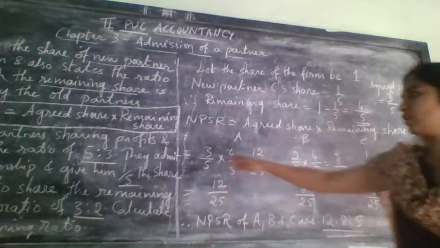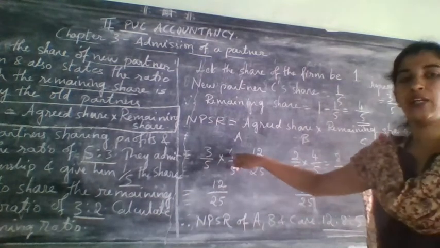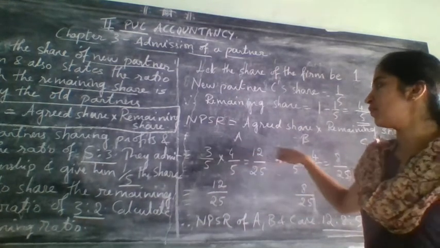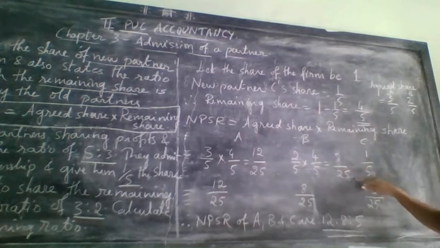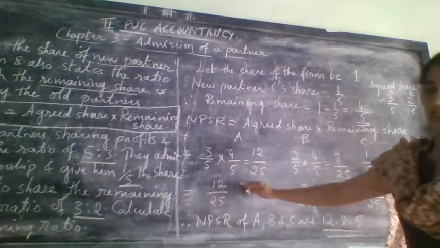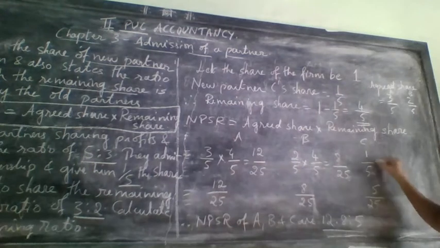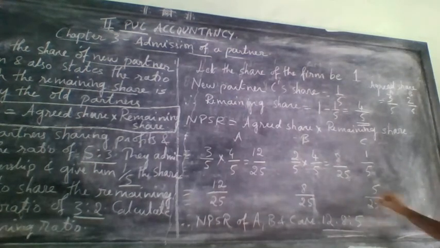After writing that, do the multiplication, numerator into numerator: 3 4s are 12, 5 5s are 25, 2 4s are 8, and 5 5s are 25. Now convert the new partner's share to the common denominator, that is 25.